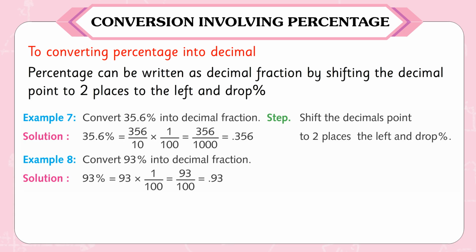Solution: 35.6% is equal to 356 upon 10 into 1 upon 100 is equal to 356 upon 1000 is equal to 0.356. Example 8. Convert 93% into decimal fraction. Solution: 93% is equal to 93 into 1 upon 100 is equal to 93 upon 100 is equal to 0.93.